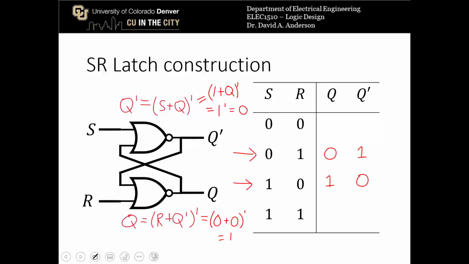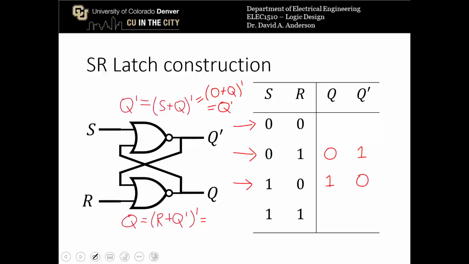Now let's analyze the case when both S and R are 0. I'll start with the top expression. S being 0 means that we get 0 or Q, parentheses prime, so we just get Q prime. We can't say that there's any definitive value. Let's move on to the second expression and see if we can clear things up.